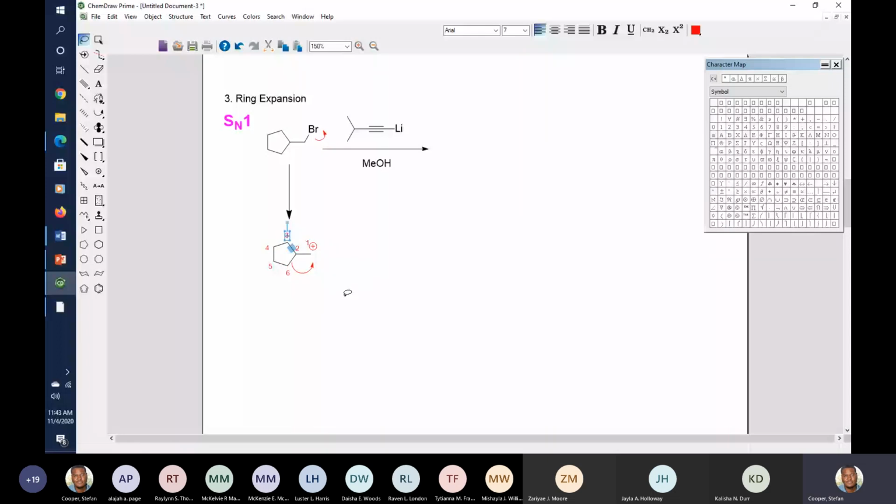All right, so in this step here, the bond between carbons 2 and 6 break. But now carbon 6 bonds with carbon.